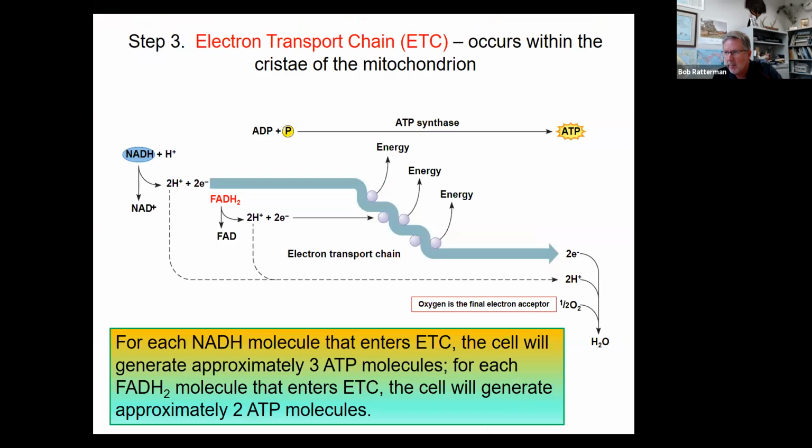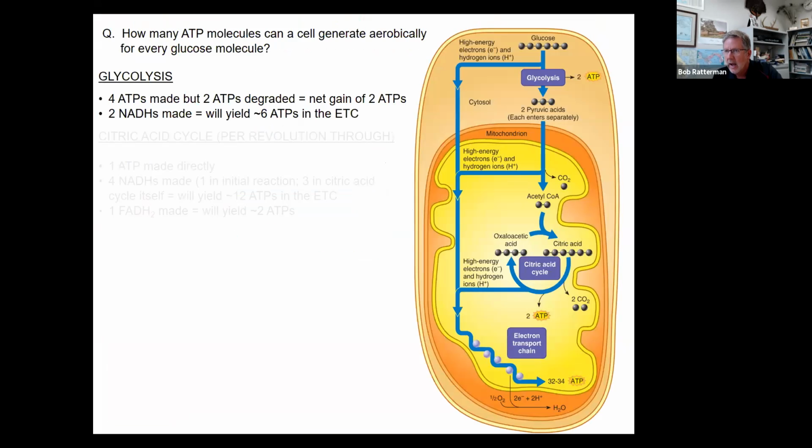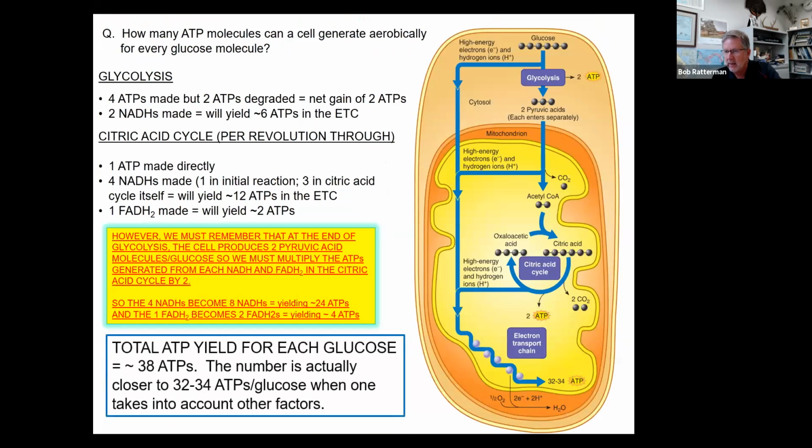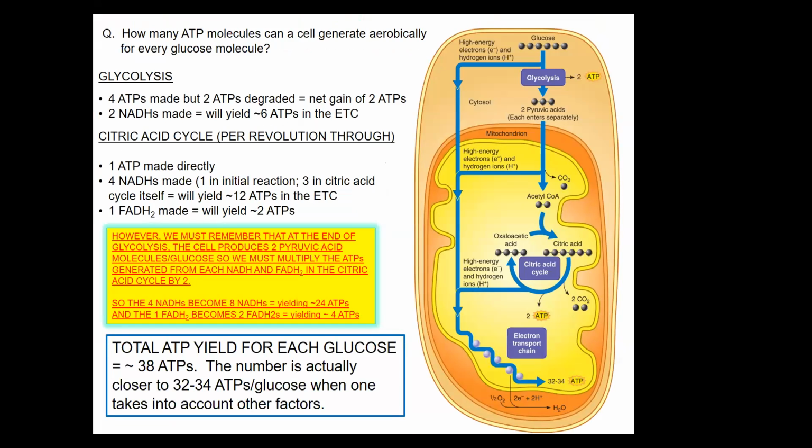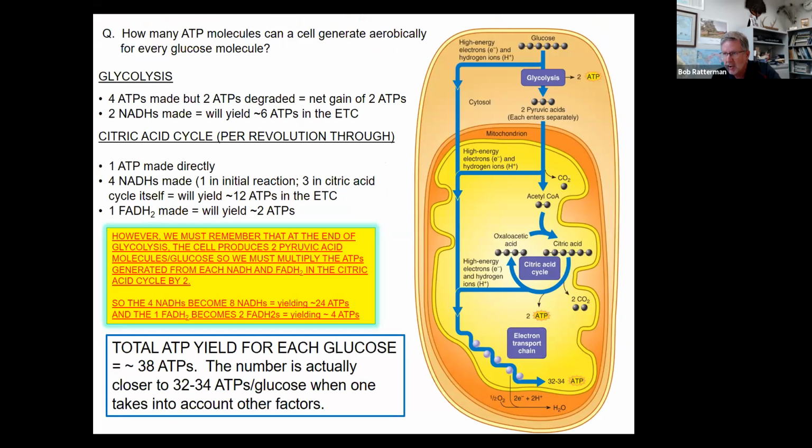Somewhere in my PowerPoint, I think it was here, I give you that. I summarized this for you, but you should understand where I'm getting these numbers and these coefficients from.